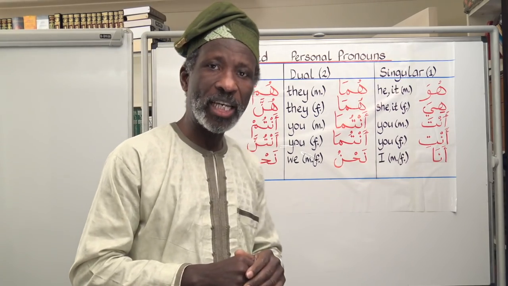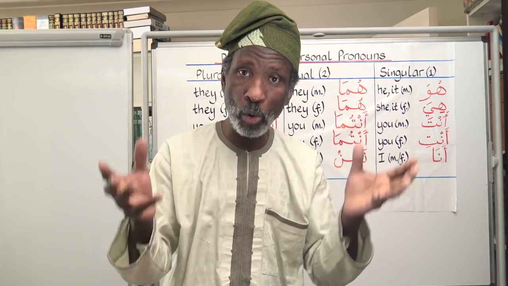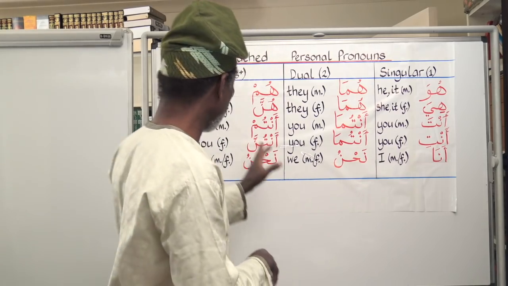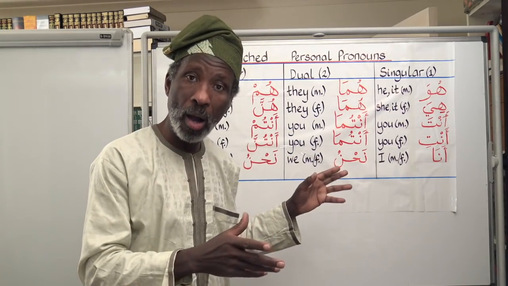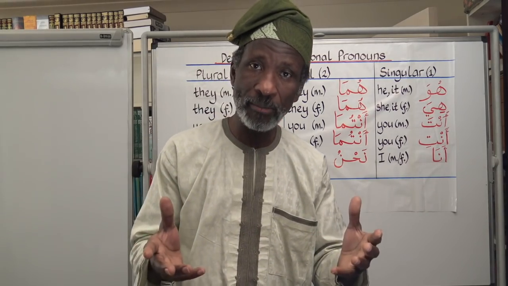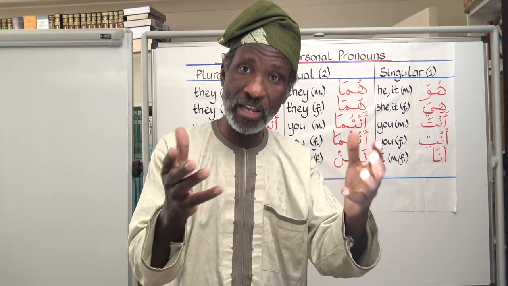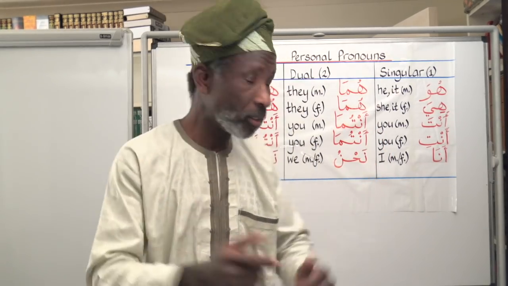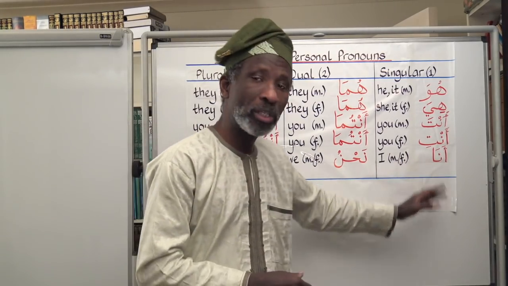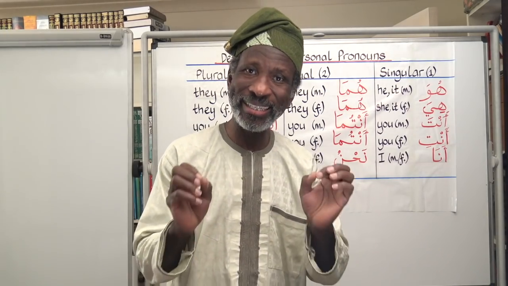Antum, if you are speaking to a group of boys or a group of men, all of you, meaning three of you or more men, boys, I will say antum, you are or you. And if you are speaking to a group of female, all of you girls, I will say antunna. Now let's move now to the first person as a speaker, mufrad, singular.